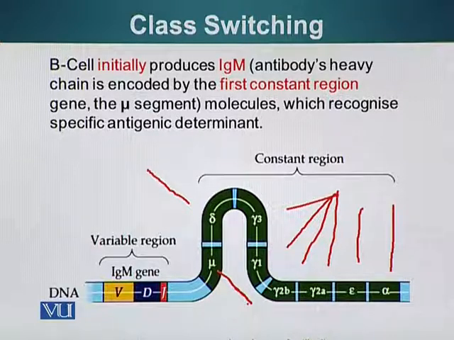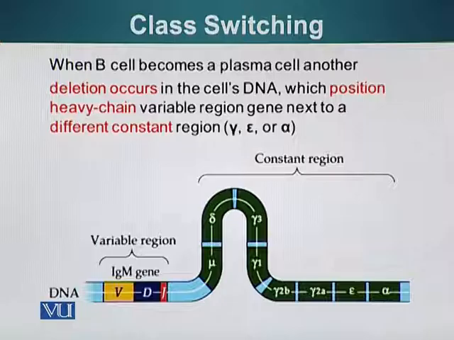So now let's see, when a B cell becomes a plasma cell, another deletion occurs in the cell's DNA which positions the heavy chain variable region next to a different constant region. In this case, we are going to make an IgG molecule. We will delete the mu and delta regions, which are present right here.